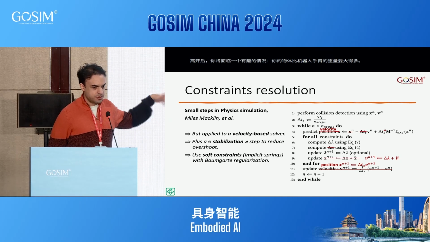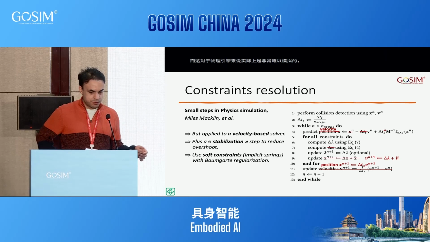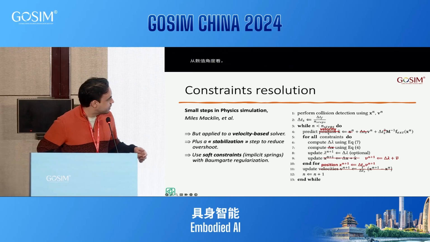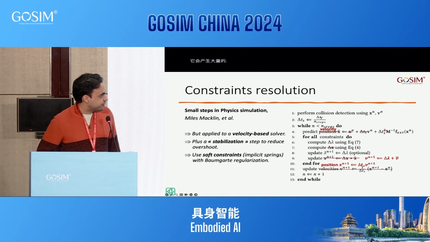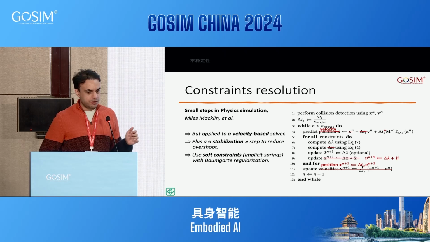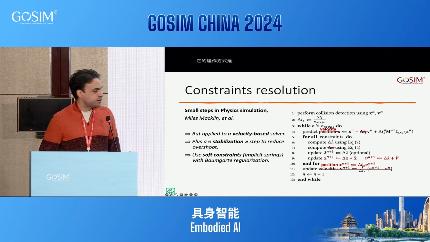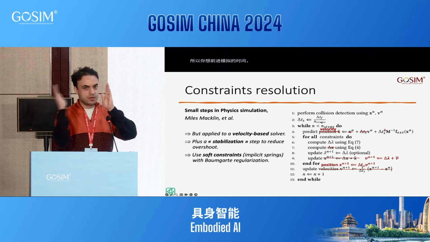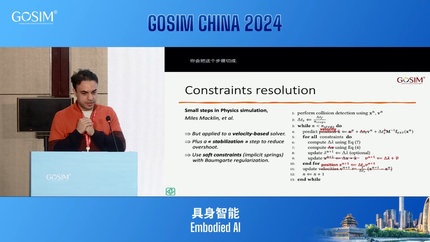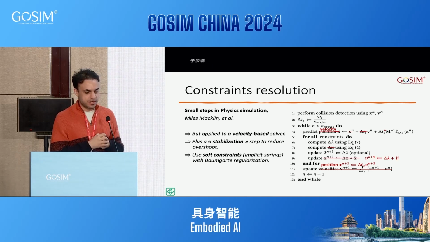So this is what this small steps system aims to solve, and the way it works is that you have your simulation step, the amount of time you want to advance your simulation, and you cut this step into multiple sub-steps. So we cut this into multiple smaller slices of time, and you solve each slice of time iteratively.